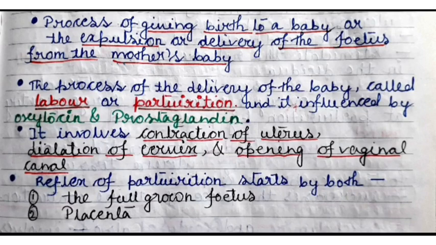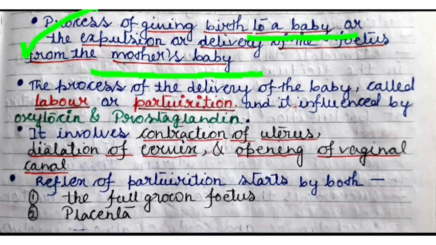Parturition. What is parturition? Parturition is the process of giving birth to a baby, or the expulsion or delivery of the fetus from the mother's body, and it occurs at the end of pregnancy.